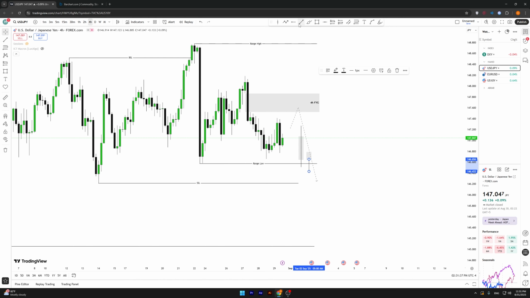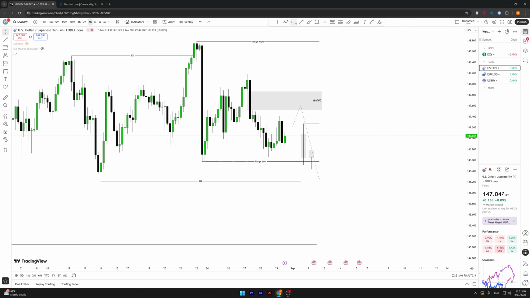This is my CRT. I will wait for price to print this model on 4 hour time frame, and then I will enter on lower time frame here, and I will target this, and then later on this high.